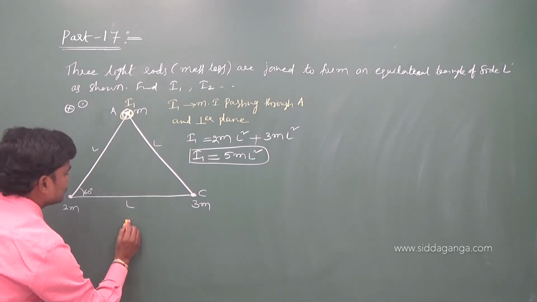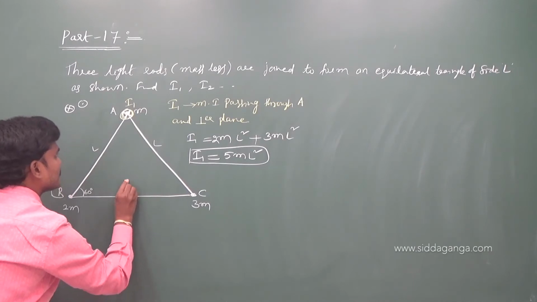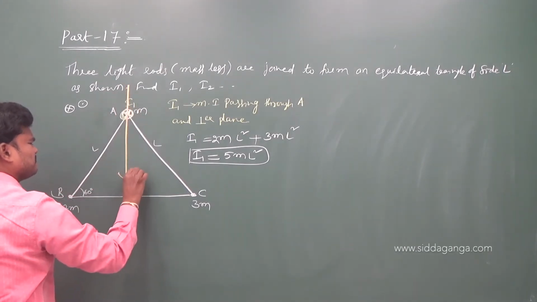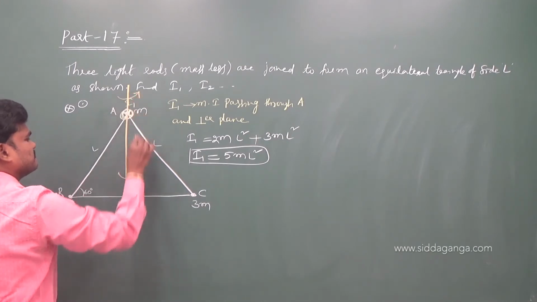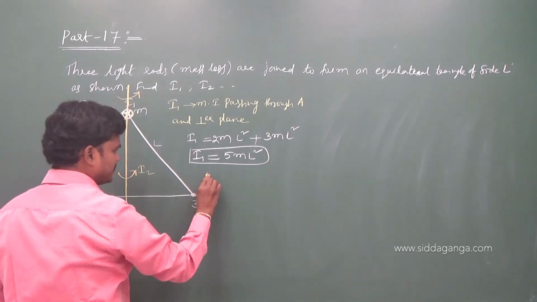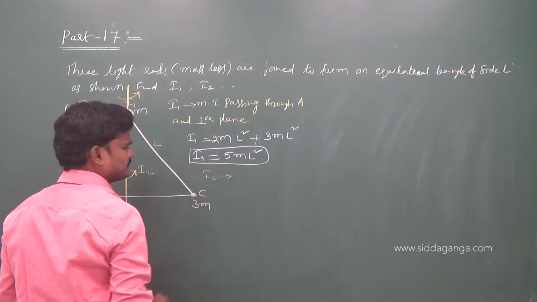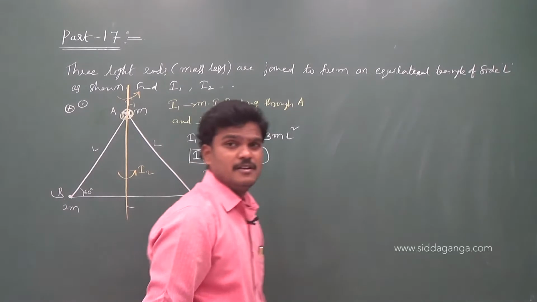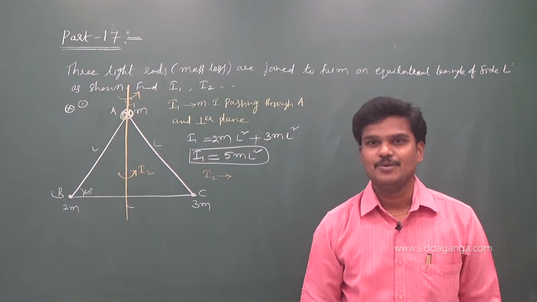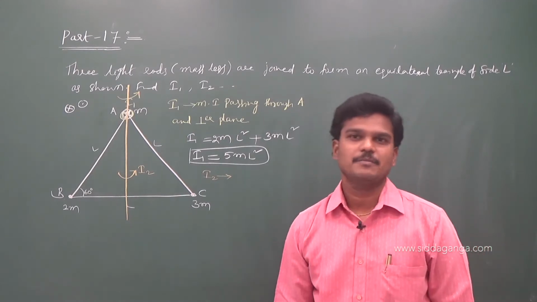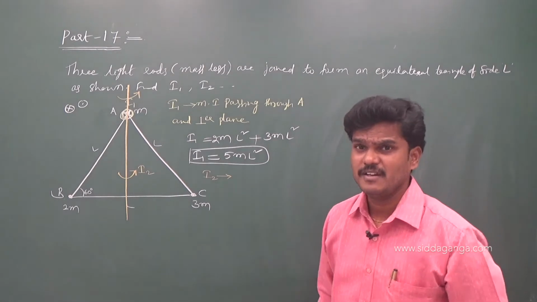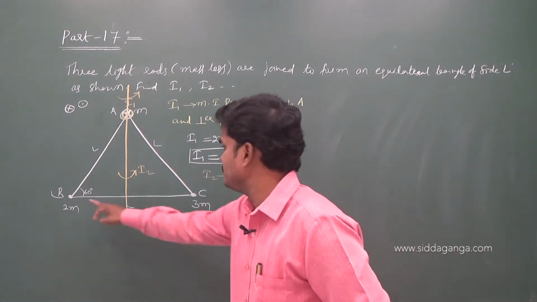I2 I am drawing like this, about this. This is I2. What is the name of this I2? Tell me. It is the moment of inertia passing through A. Is it perpendicular to the plane? No. This is not perpendicular to the plane. It is parallel to the plane, passing through A and the midpoint of BC.